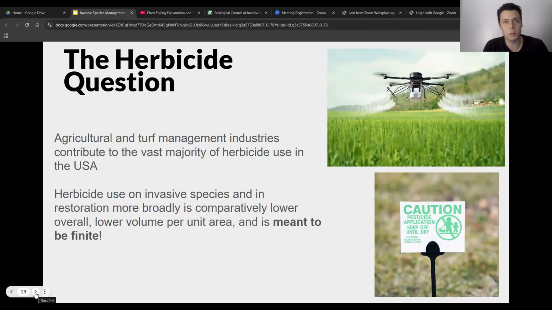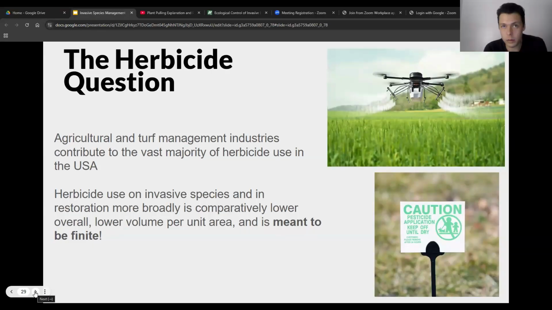Granted, we need food more than we need lawns, but I think that people's anger and animosity toward these things really needs to be focused away from invasives, because we really need them in order to combat invasives. Another part about using herbicides in restoration is that the idea is that it's eventually finite.